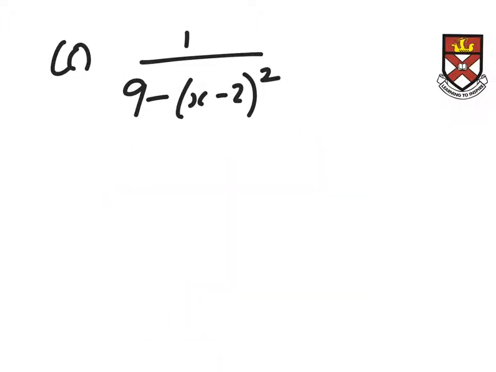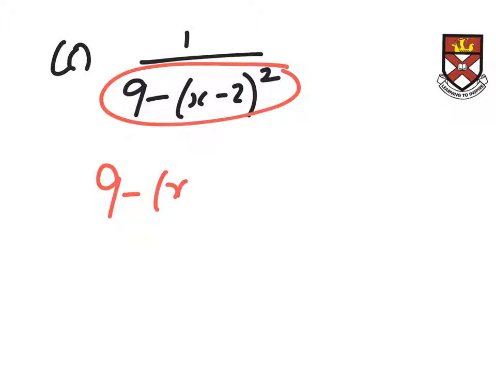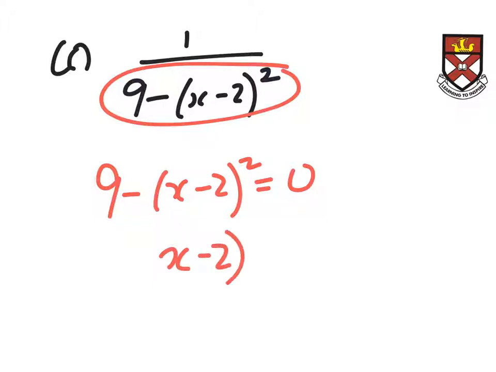Part C, we need to know when it cannot be defined. It cannot be defined when the bottom part is equal to 0. Right, and the easy way to do that is just say that happens when x minus 2 squared equals 9, or when x minus 2 equals plus or minus 3.